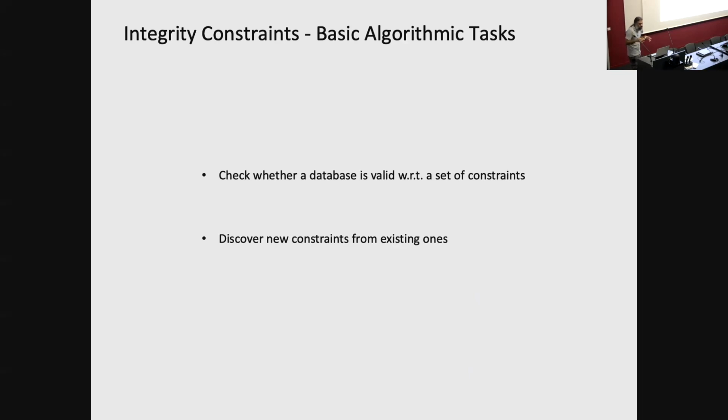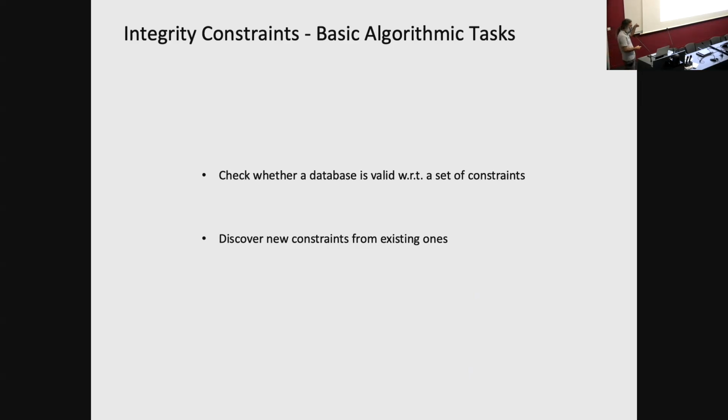Great. So these are the main classes of constraints that we are going to concentrate on, inclusion and functional dependencies. And now, since we know the syntax and the semantics of these, let's go on with some basic algorithmic tasks that come together with these constraints. What I call basic tasks are what we see on the slide here. The obvious one is, first of all, to be able to check whether a database is valid or consistent with respect to a set of constraints.